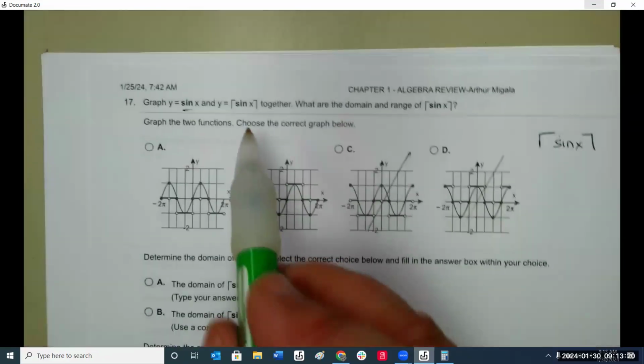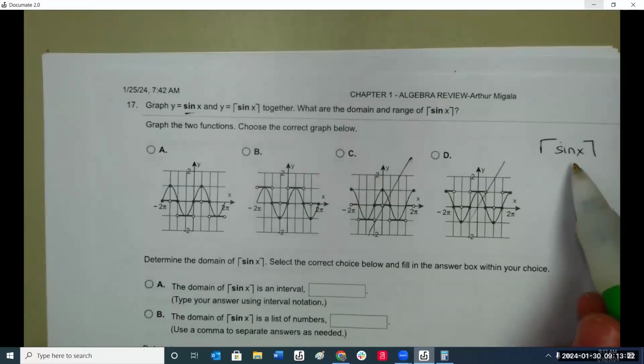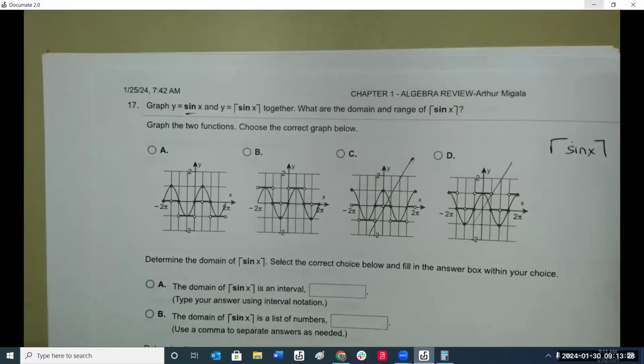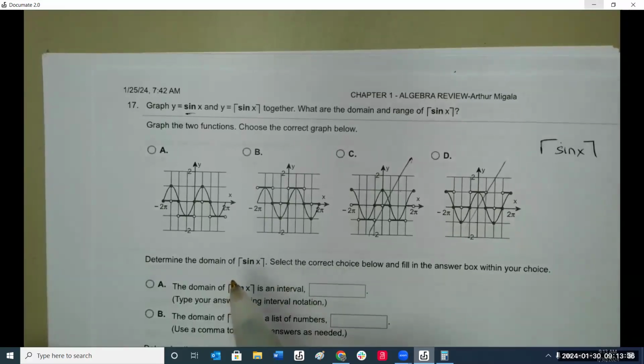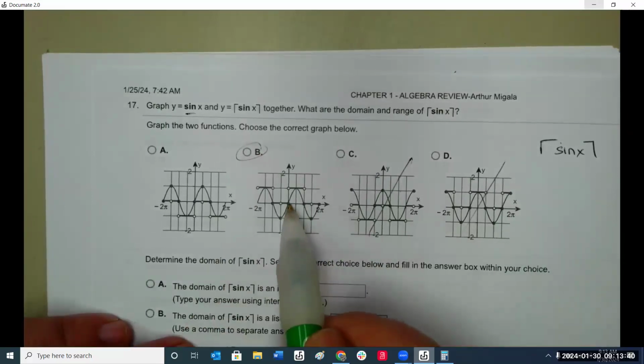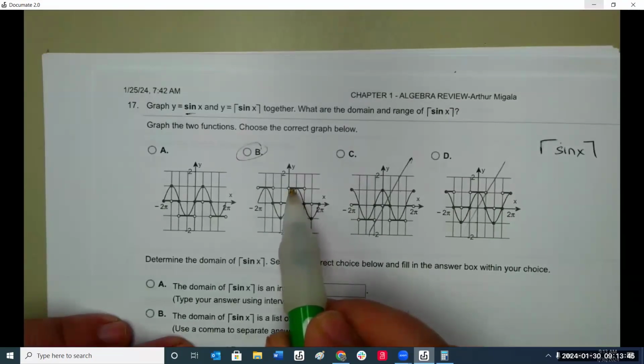What I'm thinking this function here represents is B, because the intercepts are just where the function exists there.